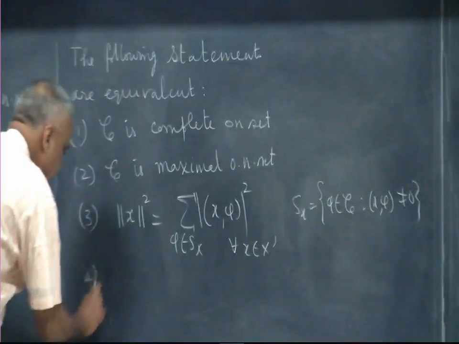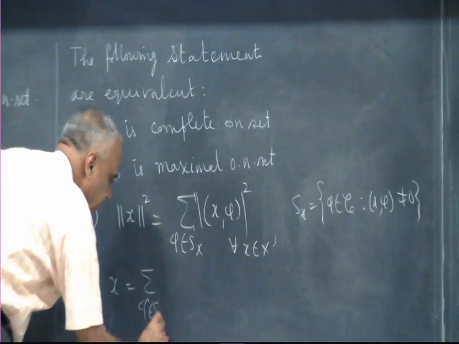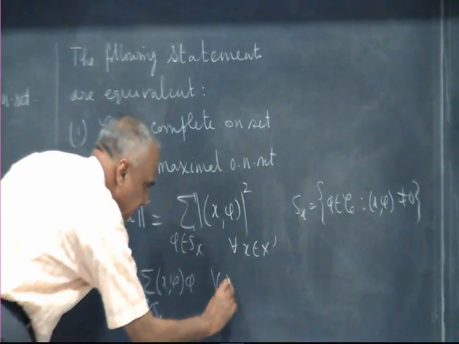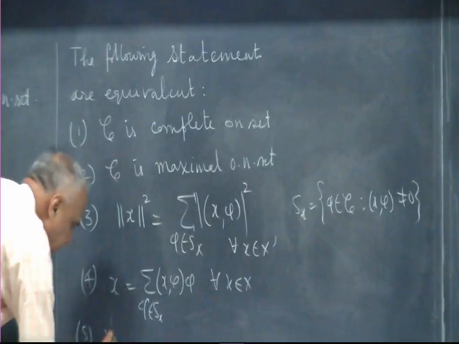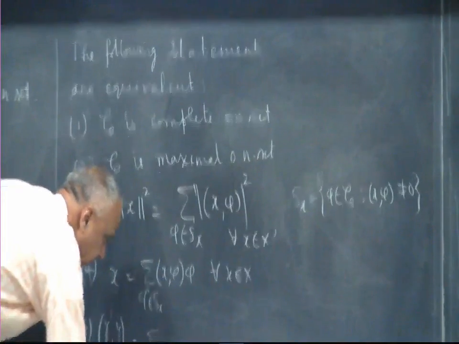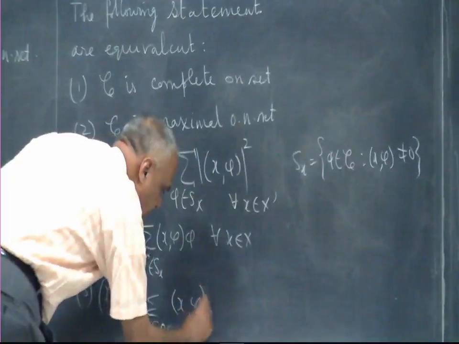The fourth is the Fourier series, x is equal to the summation over phi belonging to Sx of <x, phi> phi for every x in X. And the fifth is the inner product <x, y> is equal to the summation over phi belonging to Sx intersection Sy of <x, phi> times the conjugate of <y, phi>.